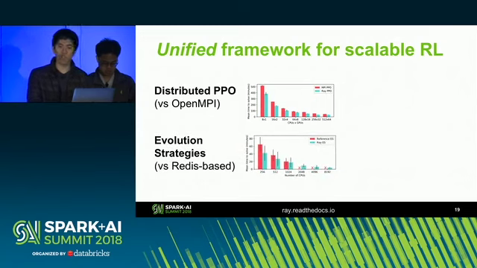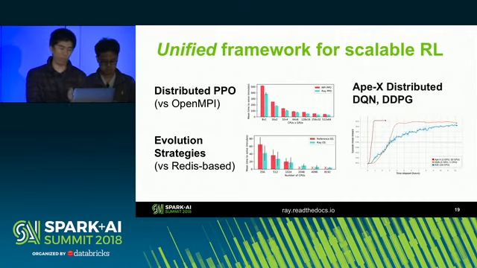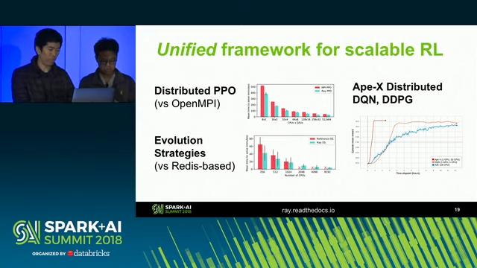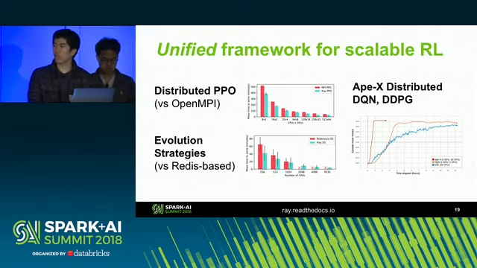An RLlib implementation of evolution strategies, which is an evolutionary algorithm that can be more efficient than PPO, scales up to 8,000 cores, and we also scale much further than a Redis-based implementation. We're also able to implement distributed variants of DQN and DDPG using RLlib. And all of this is within one framework without needing to use specialized distributed systems for each.